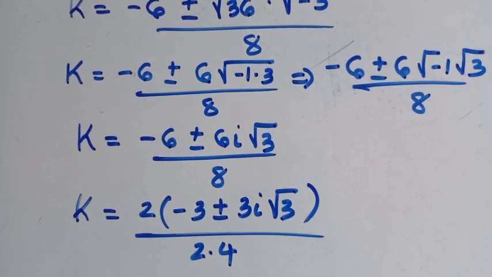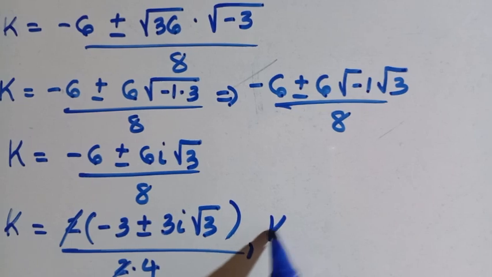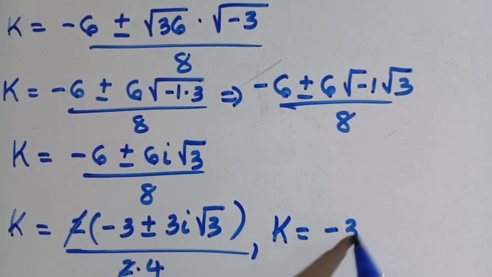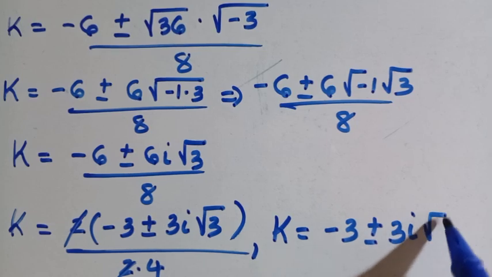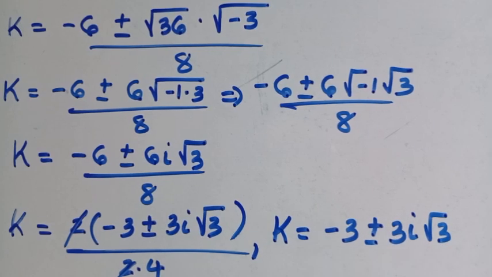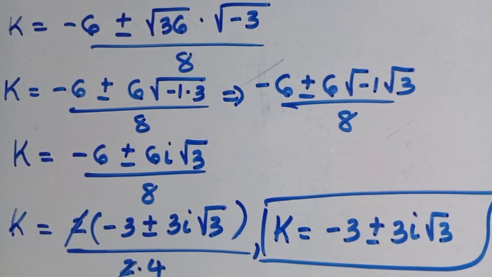And 2 times 4, that is 8. So when this cancels this, we are going to have the value of k equals minus 3 plus or minus 3i square root of 3, over 4. And we consider these as the other two complex solutions that satisfy this problem.